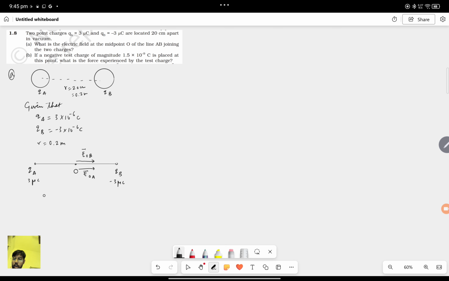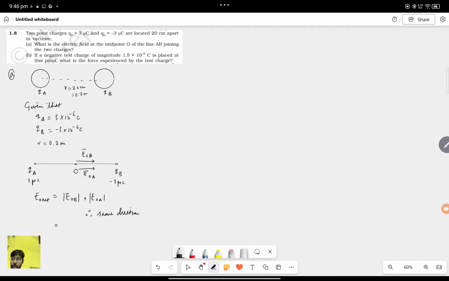We have to find E net, right? Because direction is known, we can directly add the magnitudes of EOB plus EOA, since they are in the same direction.